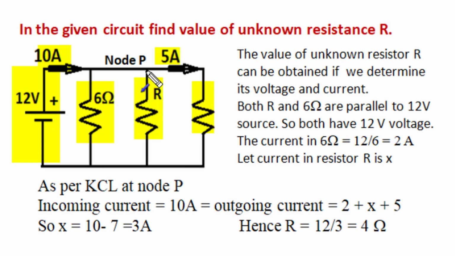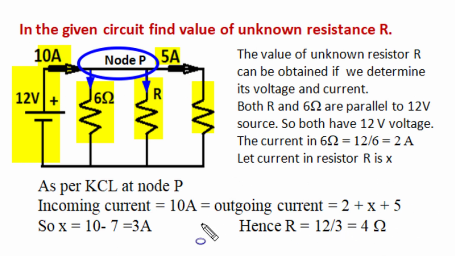Let the current in this unknown resistance R be X, and if we determine this X, we can find out the value of unknown resistance R. Now voltage across the 6 ohm is 12 volt, so the current in the 6 ohm resistance is 12 by 6, 2 ampere. If we apply Kirchhoff's current law to this node P, we can say incoming current 10 ampere is equal to the sum of all outgoing currents. The current in the 6 ohm branch is 2 ampere, the current in the unknown resistance R branch is not known to us, let this be X, and the third current is 5 ampere.